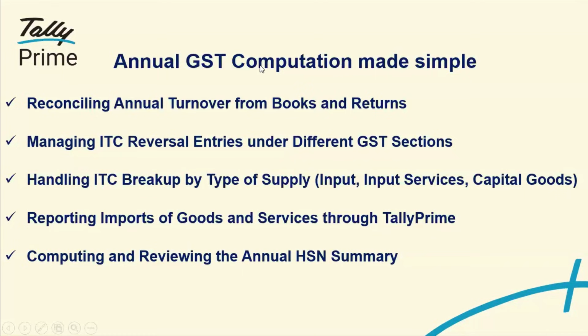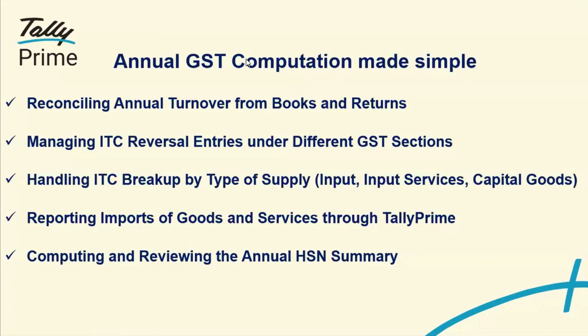Then computing and reviewing the annual HSN summary. In the current version of the portal's annual return GSTR 9, they give a downloadable Excel format based on our earlier monthly GSTR 1 filings.